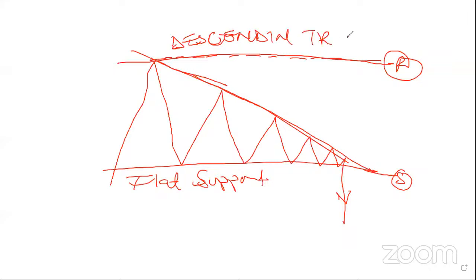This is what we call a descending triangle. Now, once you see this being formed, understand that the market is going down.